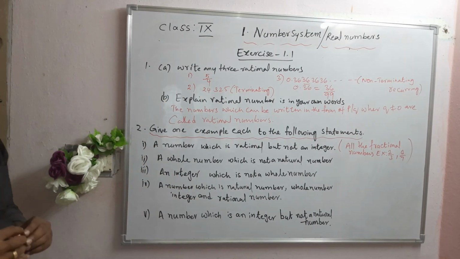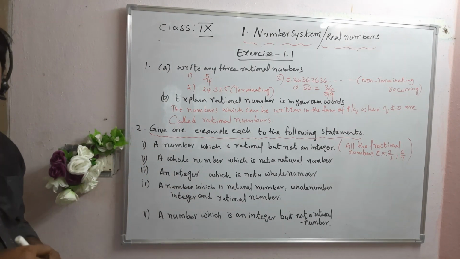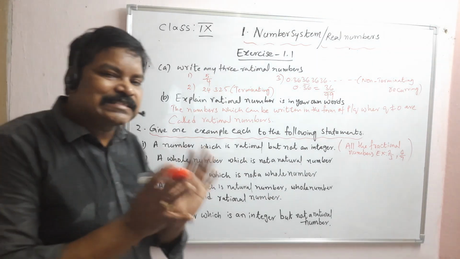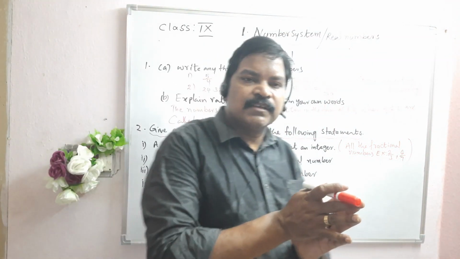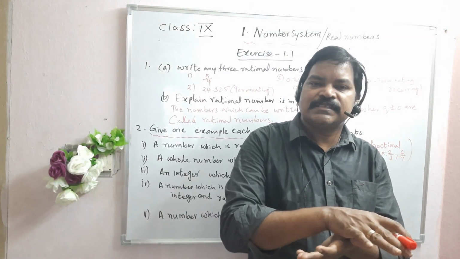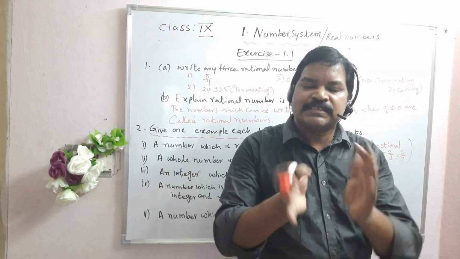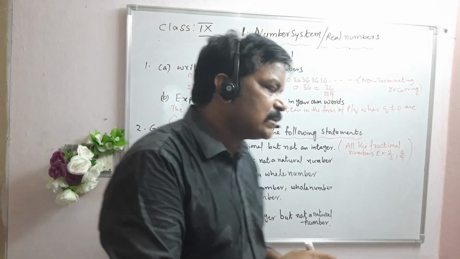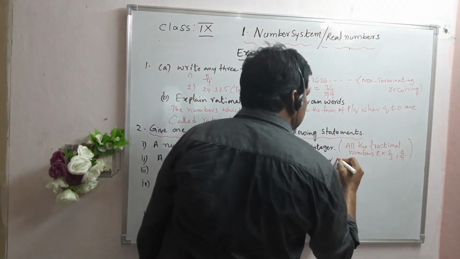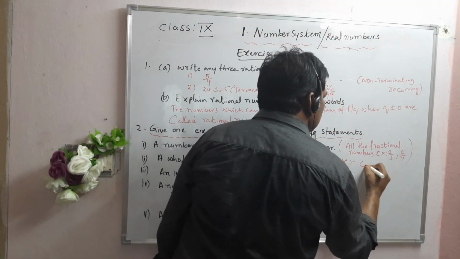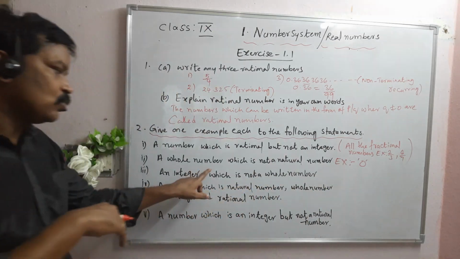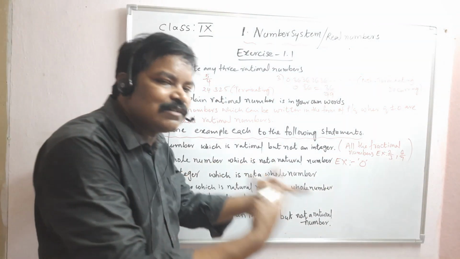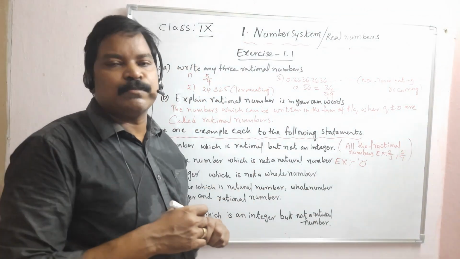The second question is like this. A whole number which is not a natural number. What is the extra number in whole numbers? Compare with the natural numbers. Yes, 0. 0 is in whole numbers, but we cannot find it in natural numbers.